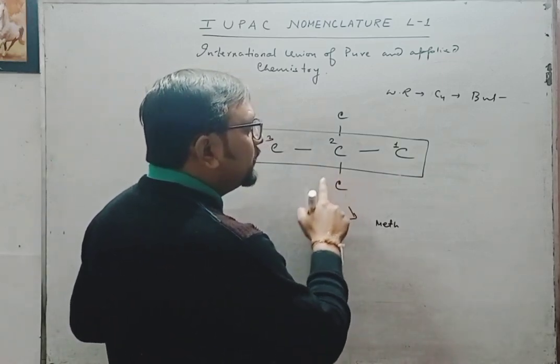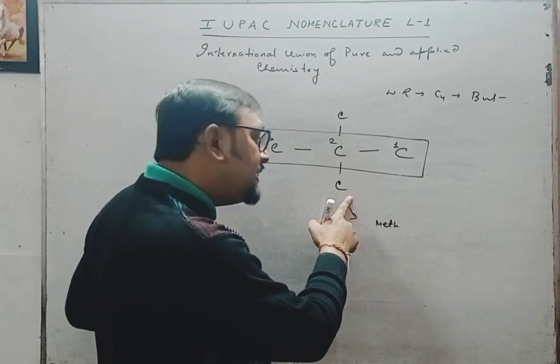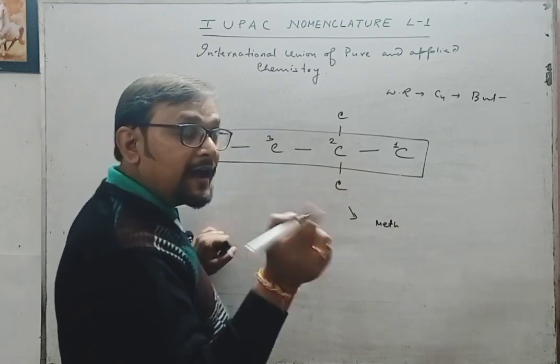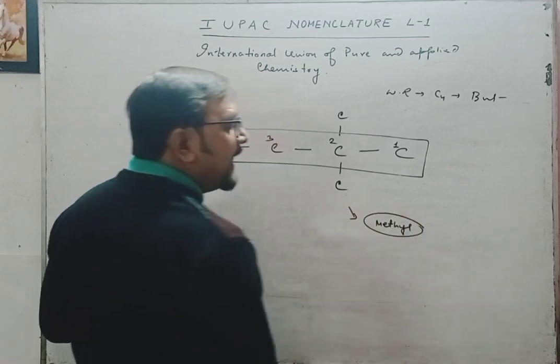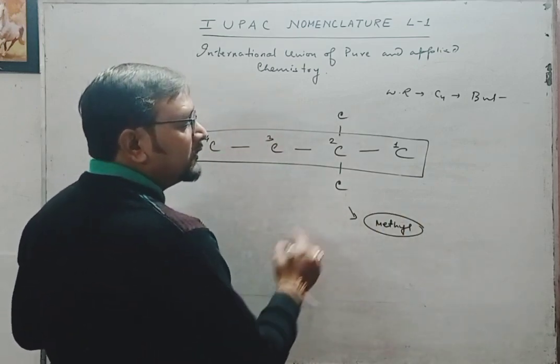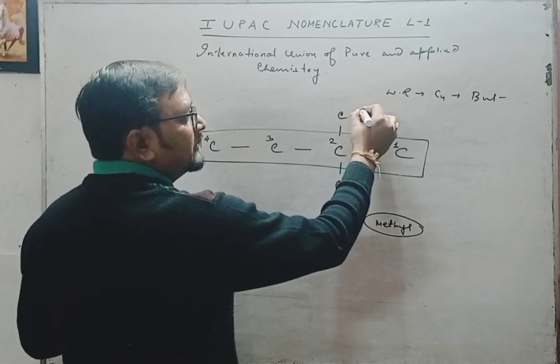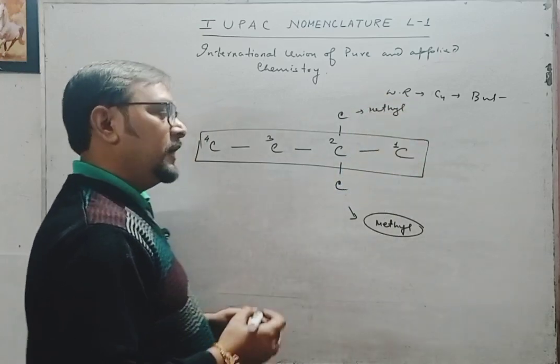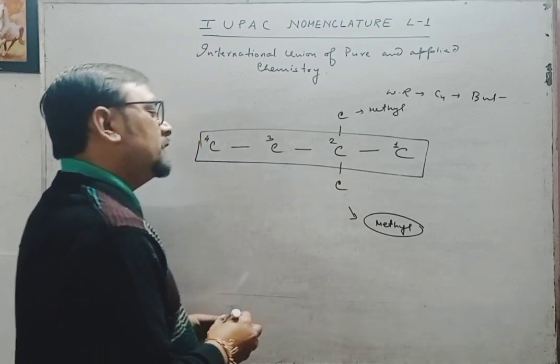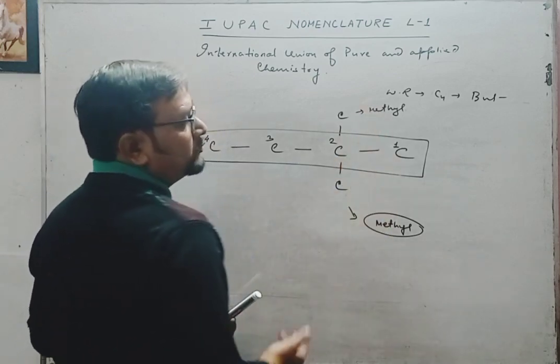Now what is the nature of this substituent? Alkyl. So we will use YL to show that this is an alkyl group. So the name of this substituent is methyl. So obviously this will also be methyl only. Okay, understood? So methyl is repeated 2 times.